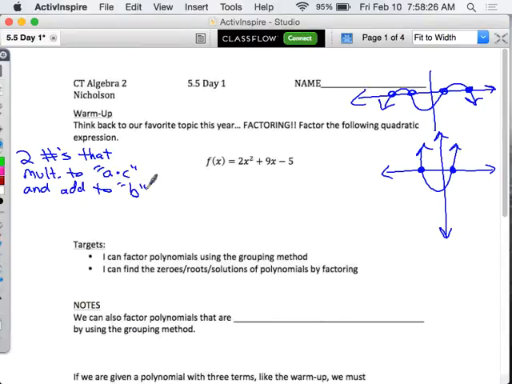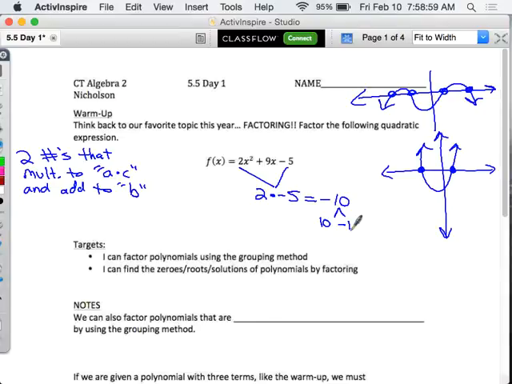Remember doing this little trick where we draw 2 lines coming out and do 2 times -5, which is -10. So we need 2 numbers that multiply to -10 and add up to +9. Start listing out numbers that multiply to -10. So we could have 10 and -1.